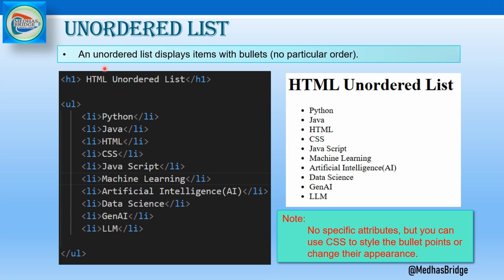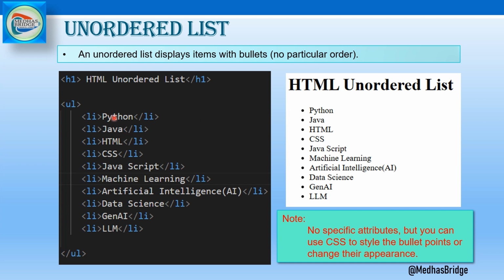Now let's look at the unordered list. You use it when you don't really want to specify an order for the list that you are going to display. An unordered list displays items with bullets, in no particular order.